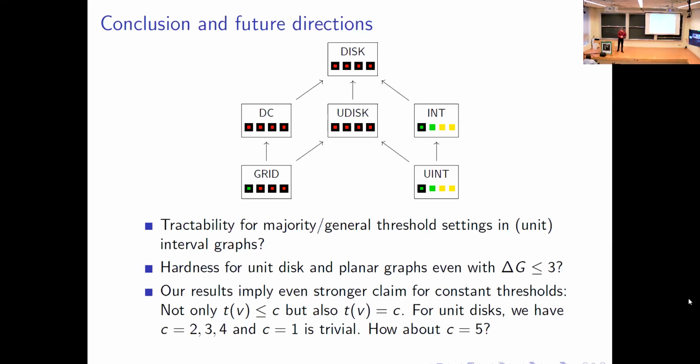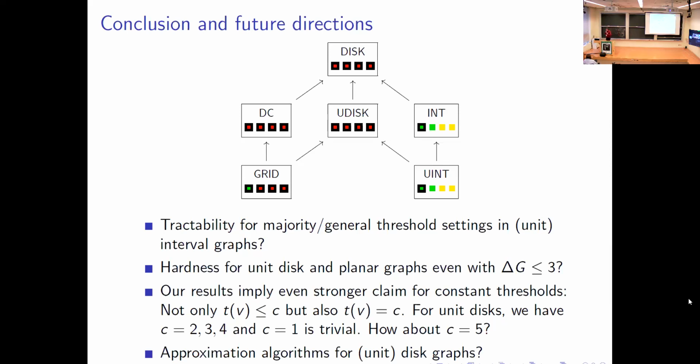For 5 regular graphs, there is this technical issue that we no longer have the very nice planar embedding, so we don't know how to do it there. And okay, so I didn't show you C equal to 2, but it can be done in some clever way on the grid. I'm not going to go into this. I can show you if you ask me after. And of course, C equal to 1 is trivial, but we don't know anything about C equal to 5.